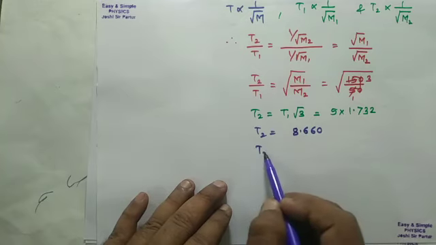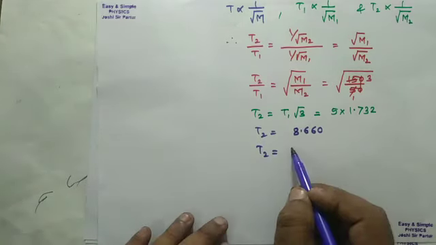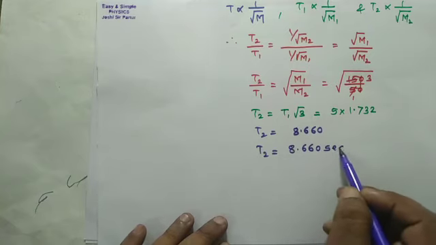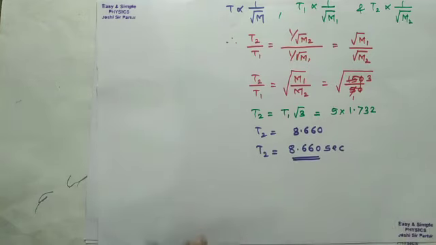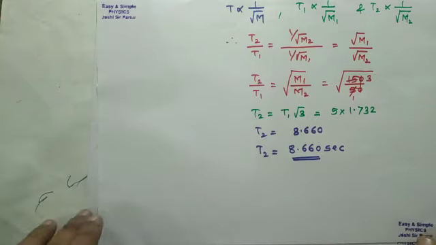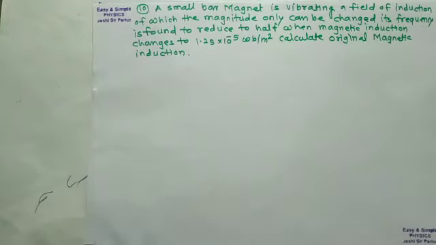So here the time period when unlike poles are joined together, that is T2, will be 8.660 second. Means in unlike poles, when they are joined, time period will increase. If like poles are joined, time period will decrease. This will be the answer for the given 9th question.